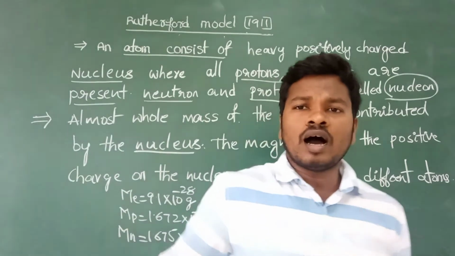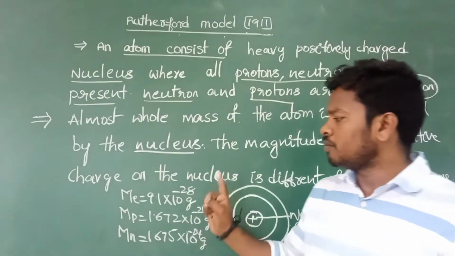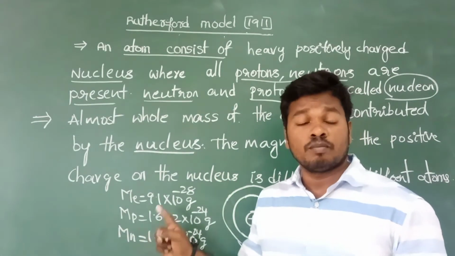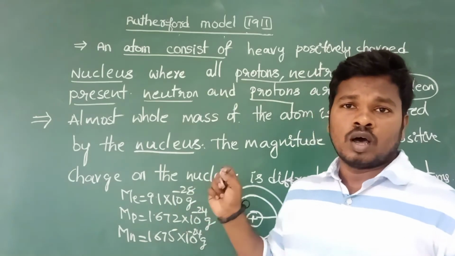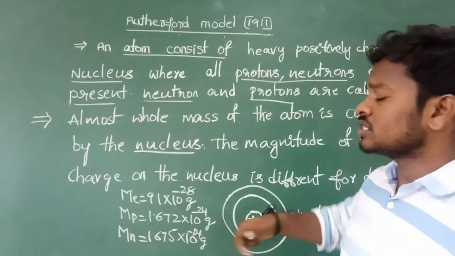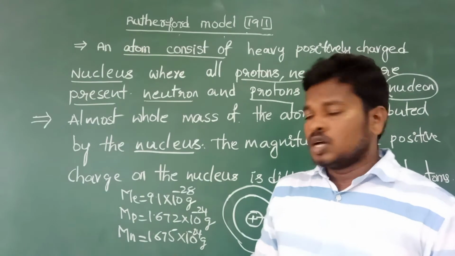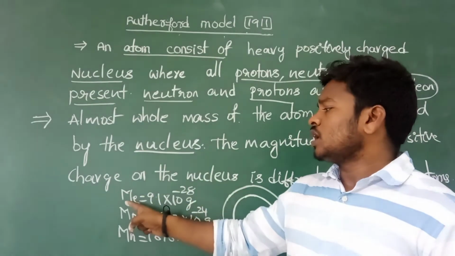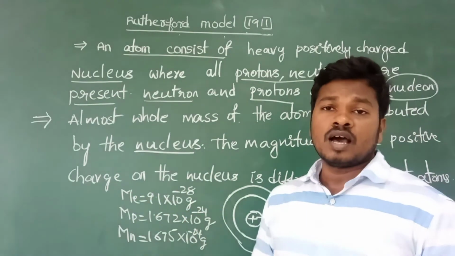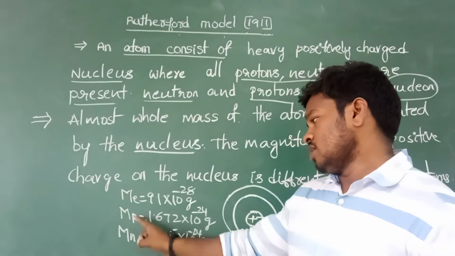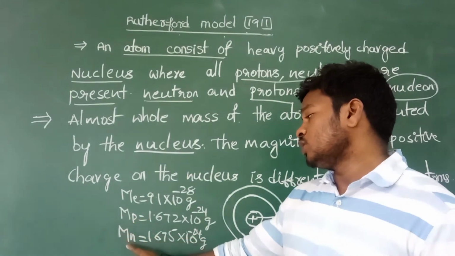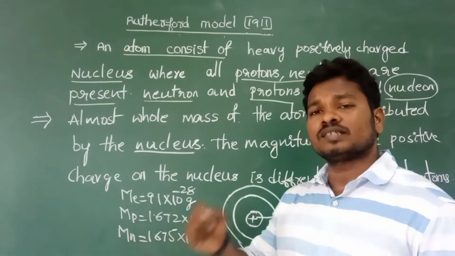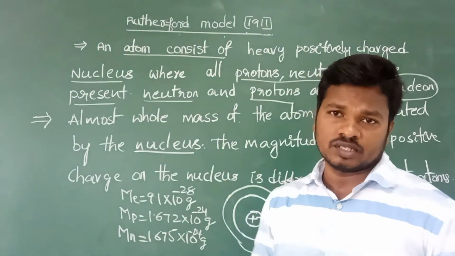I have given the mass of the electron, proton and neutron. On this board, you can see which has more mass. Compared to the electron, the proton has much higher mass, and compared to the proton, the neutron has slightly higher mass.